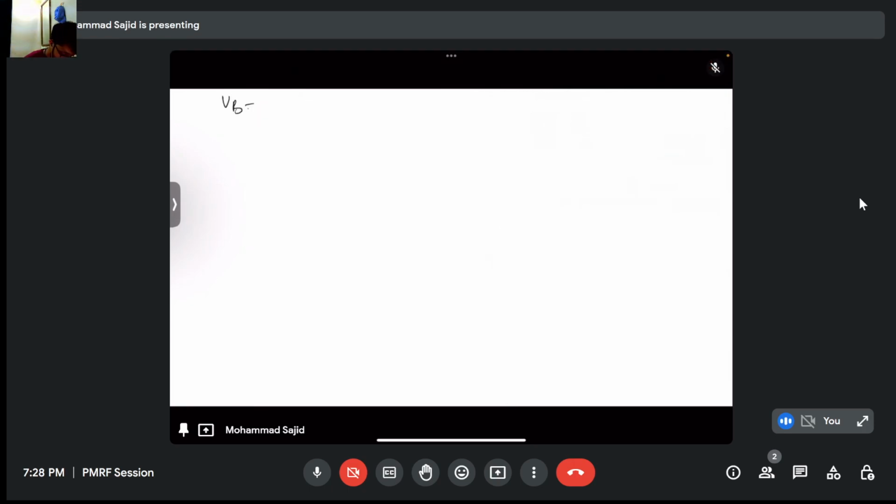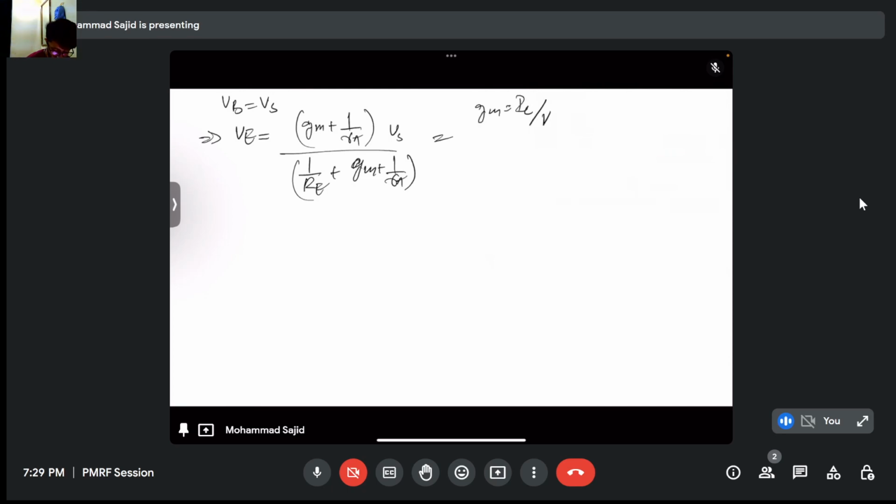VB, as I said, is equal to VS, then you can get VE is equivalent to GM plus 1 by R pi divided by 1 by RE plus GM plus 1 by R pi, and GM is IC by VT, and IC you have calculated already, that is known.